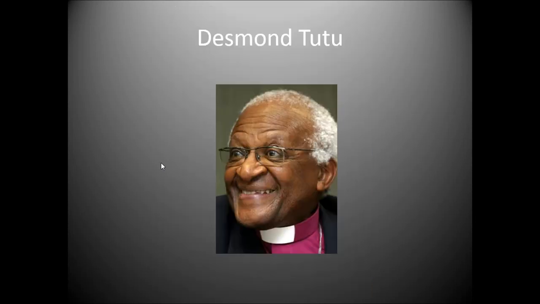Another guy, also during the same time period, the 1980s, that becomes a huge part of rallying the world against the apartheid regime, was the man that you see pictured here, Mr. Desmond Tutu. And Tutu, you can see just based on what he's wearing in this picture, was a member of the Anglican clergy.